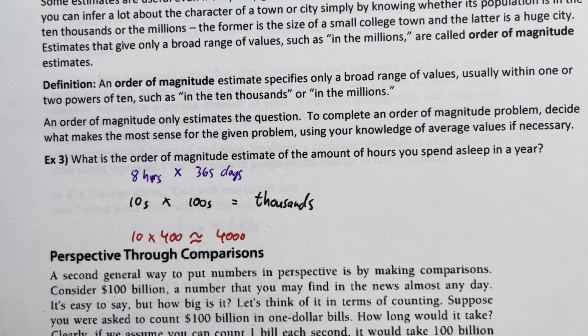That would be your magnitude. And if you wanted an approximation, 10 times 400 is 4,000. Since we rounded both of them up, 8 to 10 and 365 to 400, you're thinking, okay, it should be close to 4,000, but it's going to be on the lesser end of what we actually get.